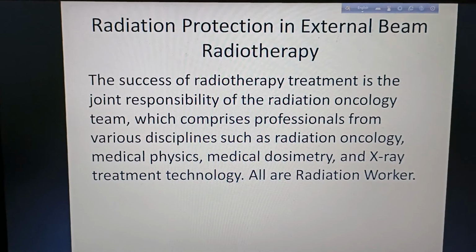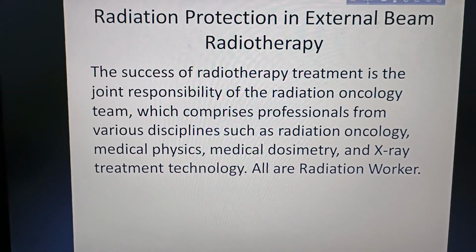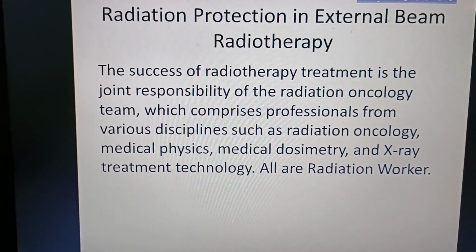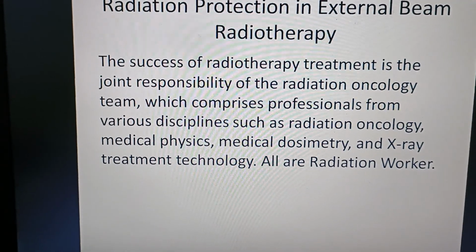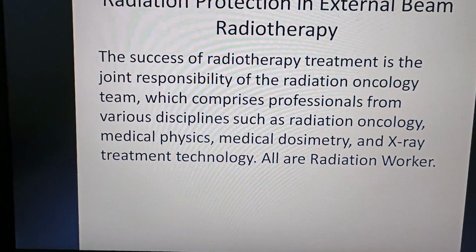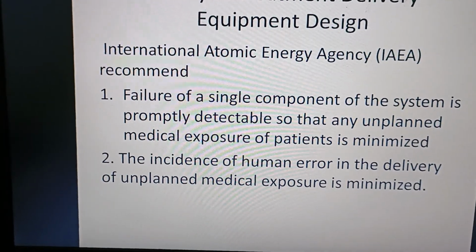Radiation protection in external beam radiotherapy. The success of radiotherapy treatment is the joint responsibility of the radiation oncology team, which comprises professionals from various disciplines such as radiation oncology, medical physics, medical dosimetry, and X-ray treatment technology, who are all radiation workers.